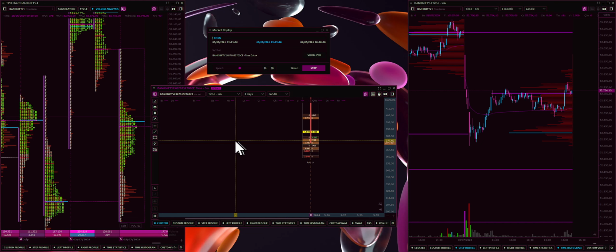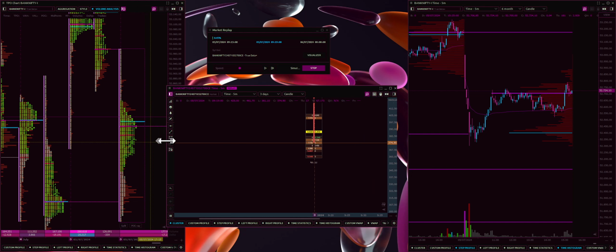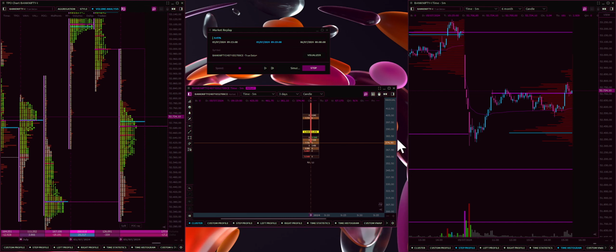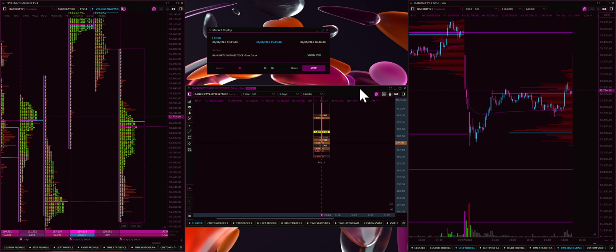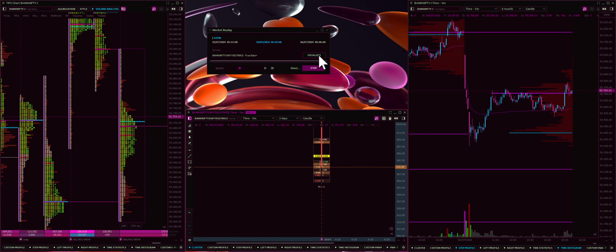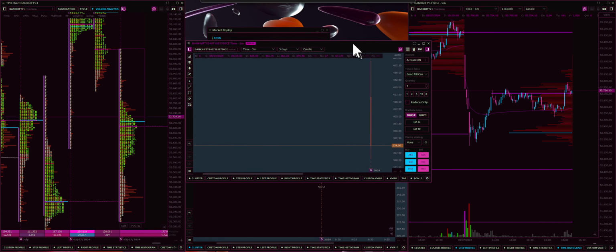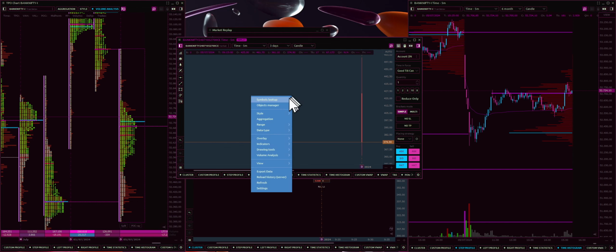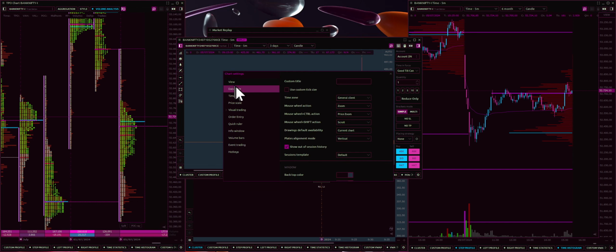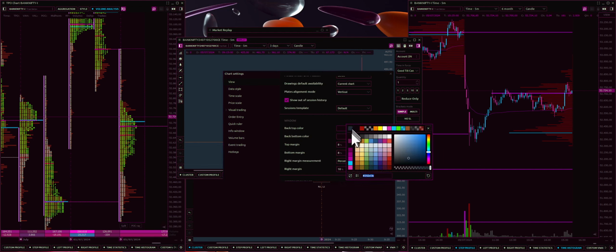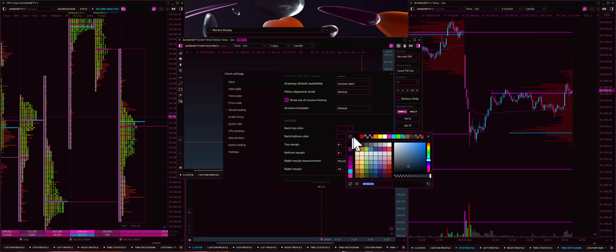What I'll do is I'll remove this, and I'll get another 5 minute candlestick chart for you. We'll again go to the visualizer and chart. It'll get another 5 minute chart over here, and we'll do the same thing. We'll go to the settings so that everybody can see it properly, and change it to black and nothing else.